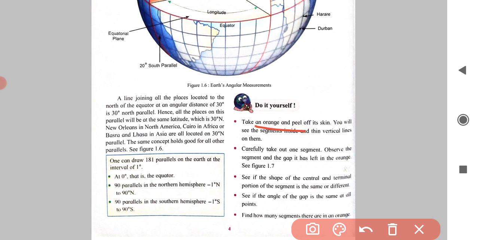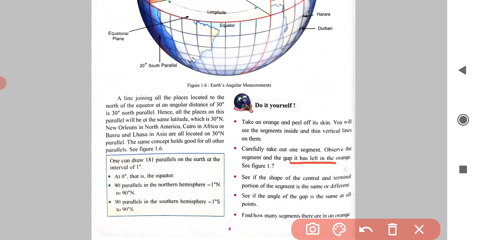You will see the segments inside on thin vertical lines on them, and when we peel out the orange, there will be some segments. Carefully take out the segments. Observe the segments and the gap it has left in the orange.